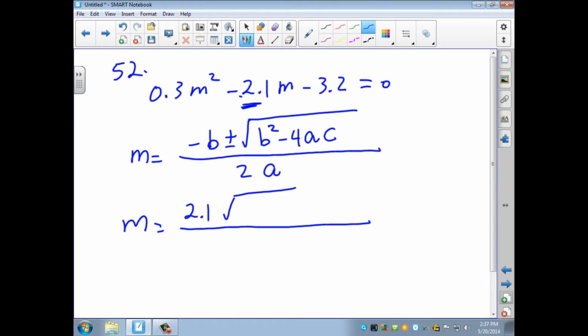B squared is 2.1 squared, which would be 4.41, I think.